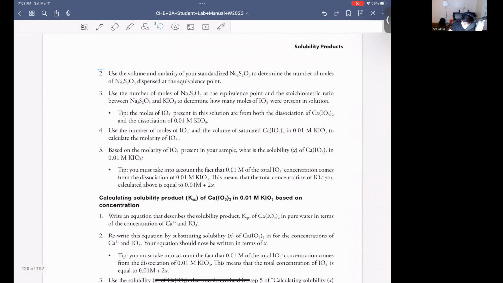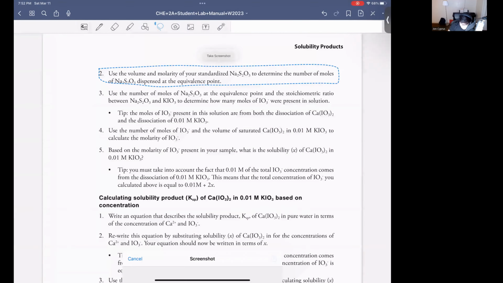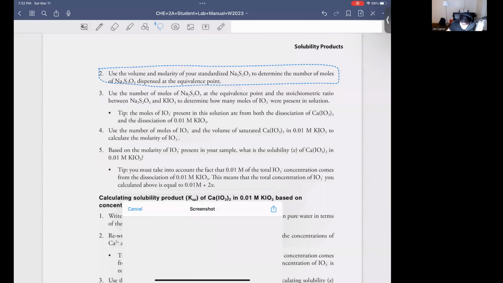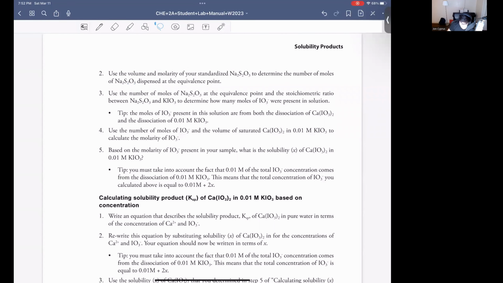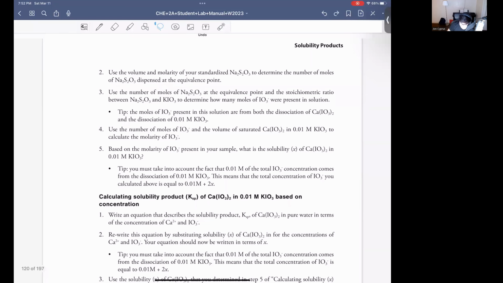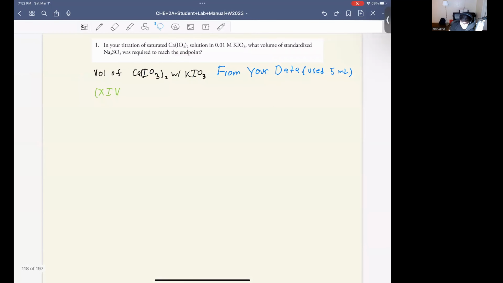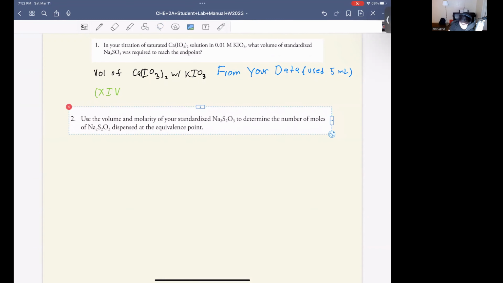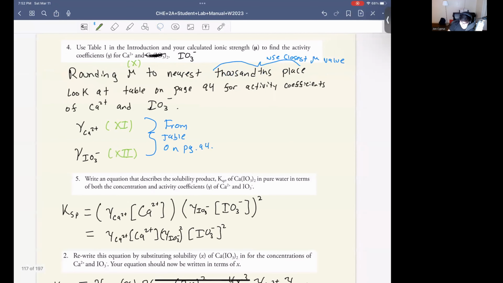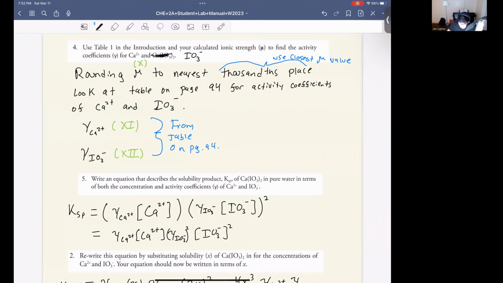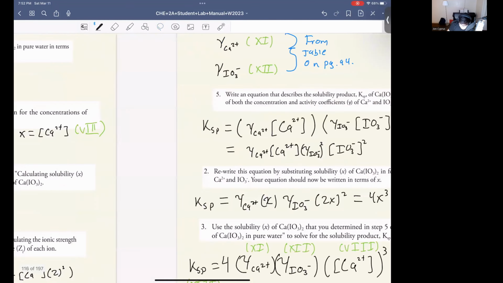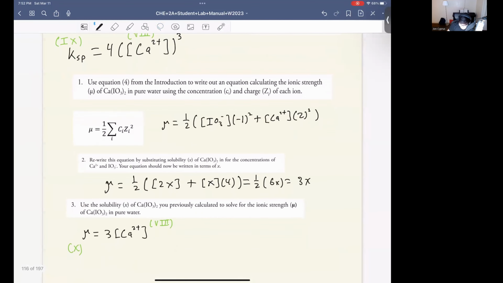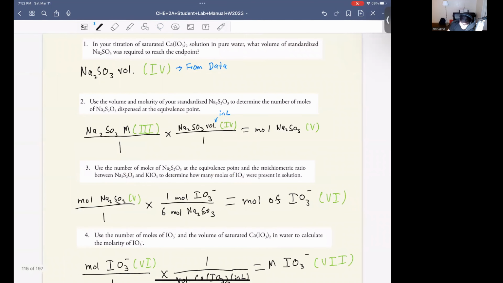Next, we have to use the volume and molarity to determine the number of moles. This is exactly what you did in one of the previous questions, somewhere here as number 2.